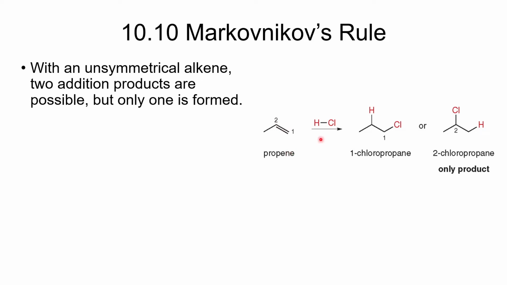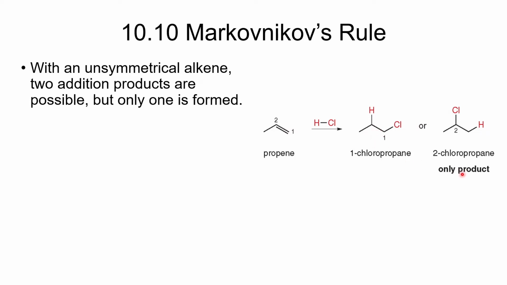There's 2 ways that we can add the HCl across that carbon-carbon double bond. One is that the hydrogen could go to carbon 1 and the chlorine goes to carbon 2, and that would be this product over here. It would give us 2-chloropropane. And the other possibility is that hydrogen could go to carbon 2 and the chlorine could go to carbon 1, and we would get 1-chloropropane.